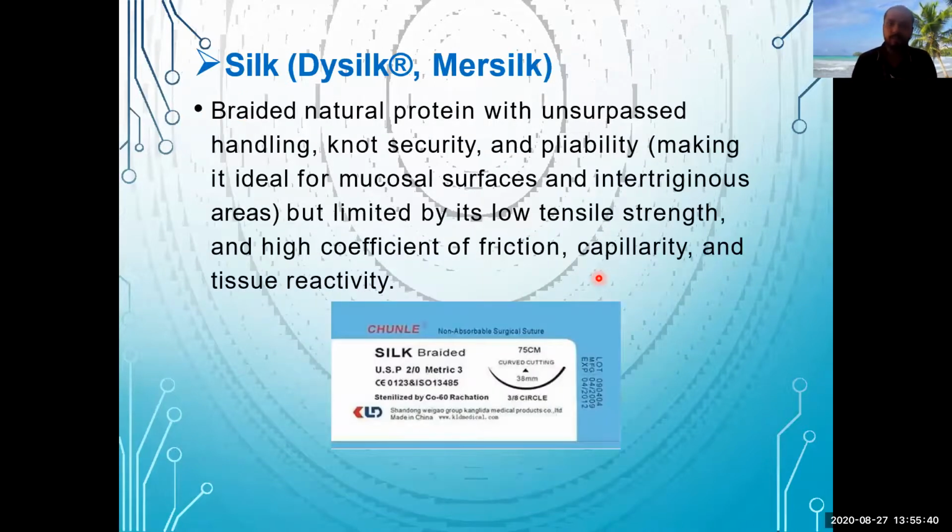Silk is a braided natural protein with excellent handling, knot security, and pliability, making it ideal for mucosal surfaces and in the vaginal area, but it has low tensile strength, high coefficient of friction, capillarity, and tissue reactivity. It possesses much tissue reaction.